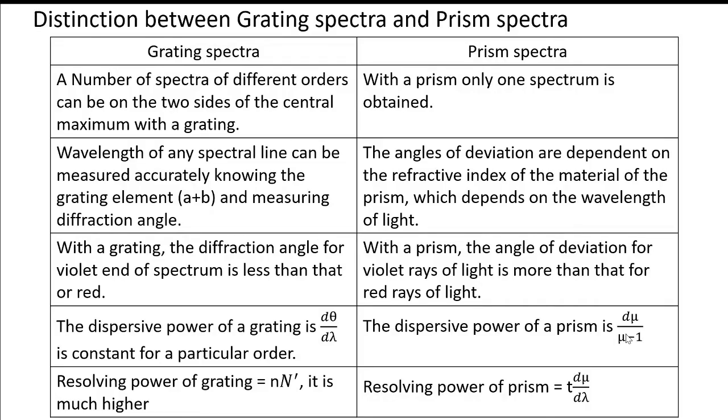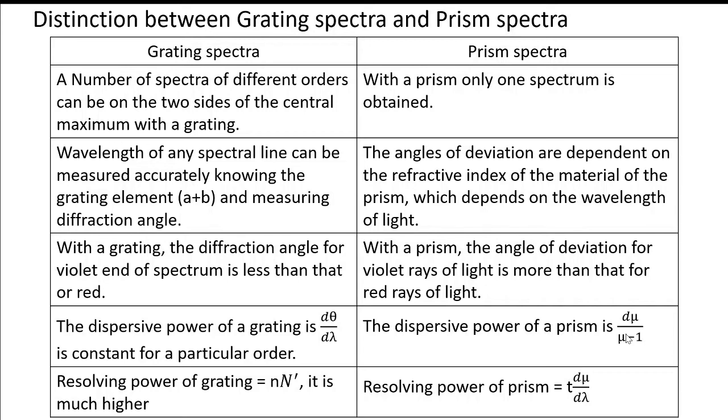Now, let us discuss the distinction between grating spectra and prism spectra. Let us point out some of the differences between grating spectra and prism spectra. In case of grating spectra, a number of spectra of different orders can be seen on the two sides of the central maxima with a grating, whereas in prism spectra, only one spectrum is obtained.